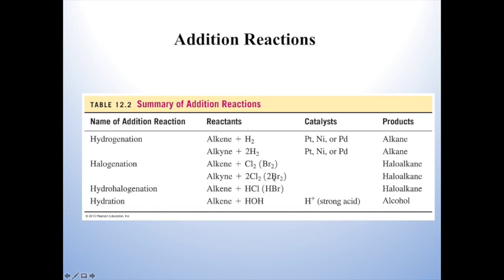There's hydrohalogenation, where you add hydrochloric acid or hydrobromic acid to an alkene to make a haloalkane. And then there's hydration, where you add water in the presence of a strong acid, which forms an alcohol.